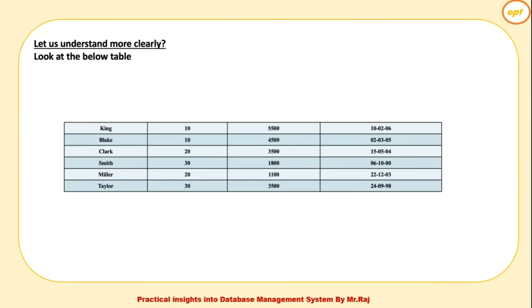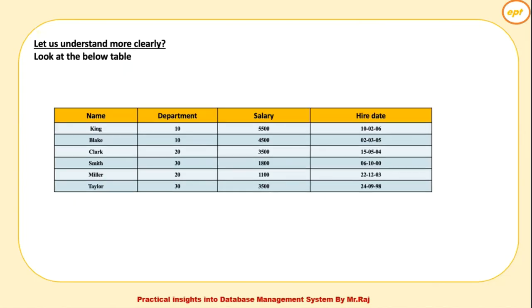Now see how I am converting this raw data into information. Observe carefully. Now I am adding labels to this data, which are name, department, salary, and hire date.